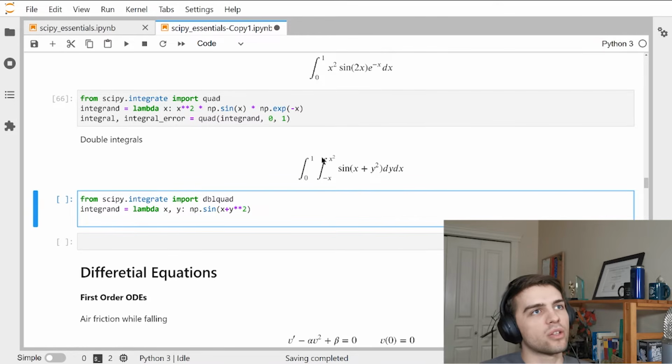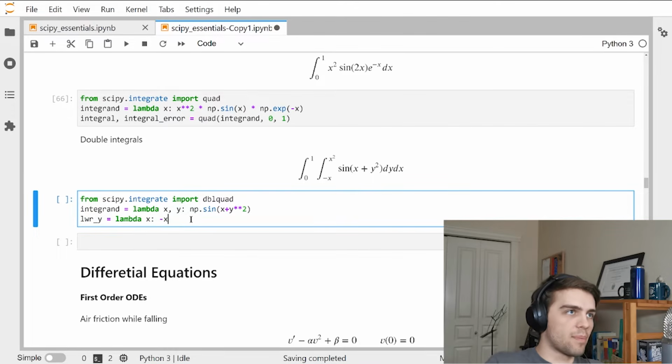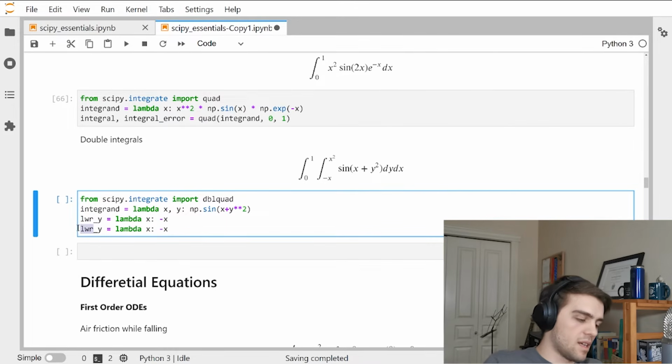And now I also need the lower and upper bounds on y in the integral. So I'll call this lower y. It again is a lambda function. It takes in x, and it returns negative x. And the same thing with upper y, except upper y returns x squared.